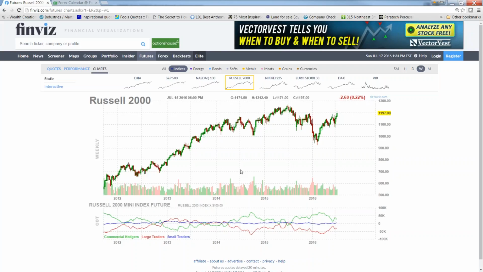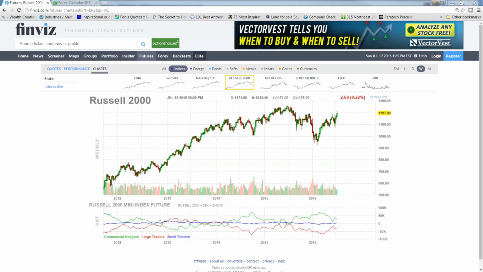So the only return that is available to the market or to capital is pretty much the stock markets. The US stock market, and that is dominated by the US dollar. The Nikkei, which is dominated by the yen, and the Euro stocks and the DAX, which is dominated by the euro.